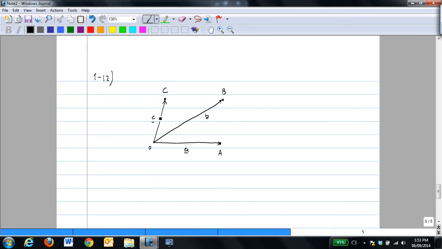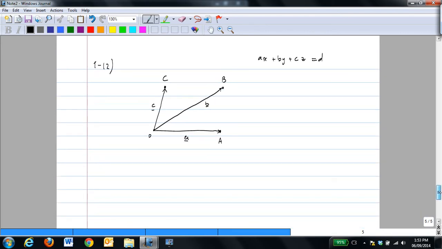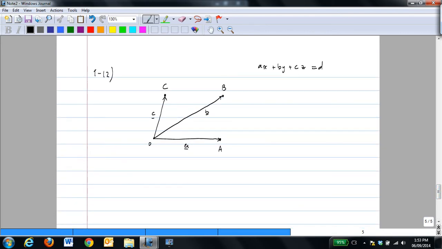Okay, so what we want to do is find the normal vector for the plane, because if you guys remember, for a plane, this is the equation that describes it. Excuse me.